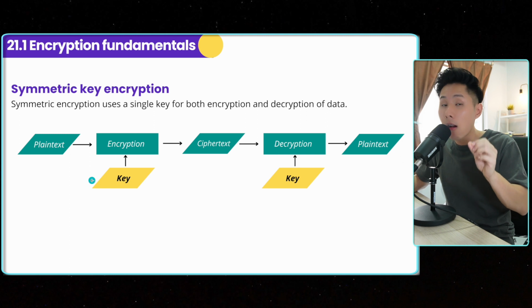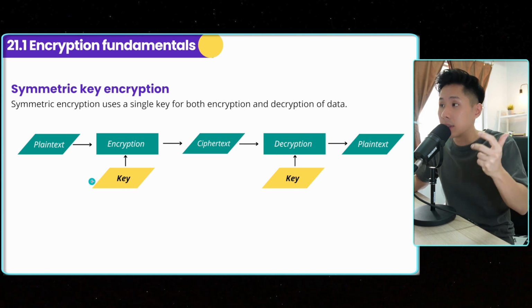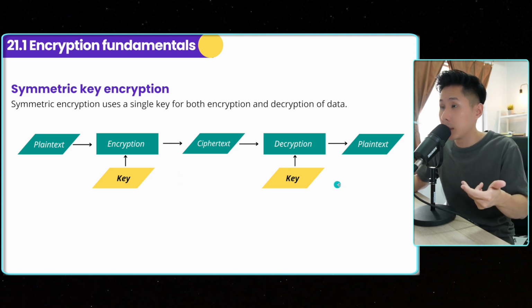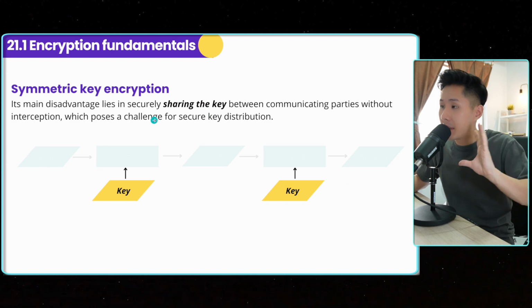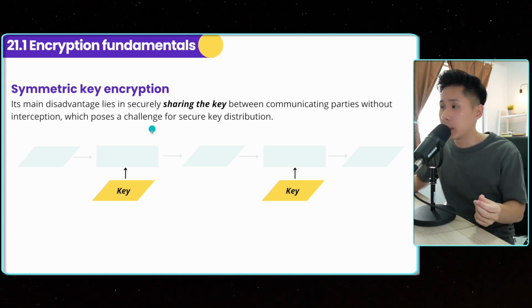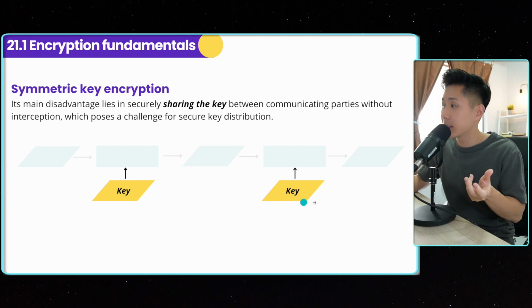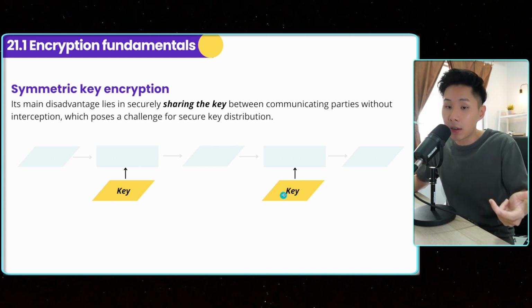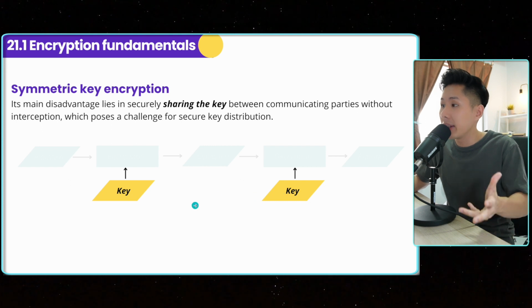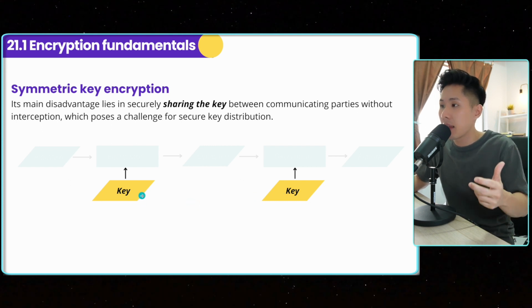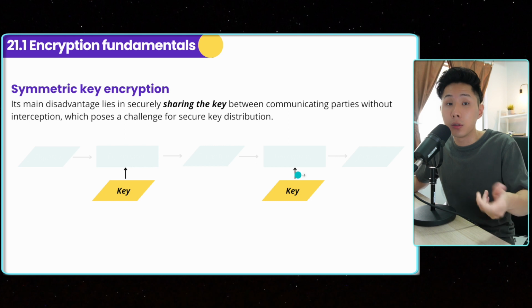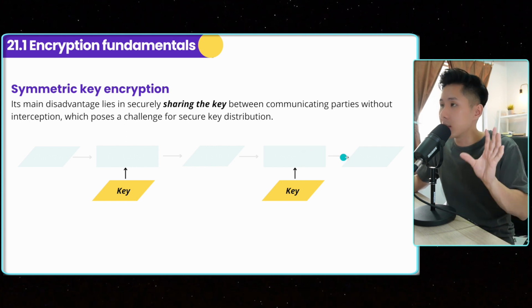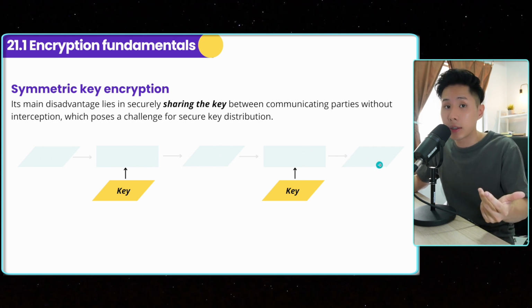And the key is the same on both the sender side and also the receiver side. And the main disadvantage of using this approach is that whoever has the key will be able to decrypt the message. And this makes it very unsafe, because what if someone intercepts the key that you send to the receiver? So that's just one disadvantage, because we share the key.